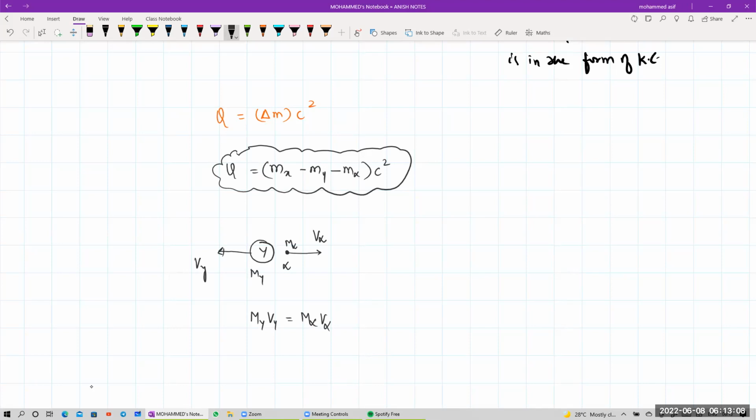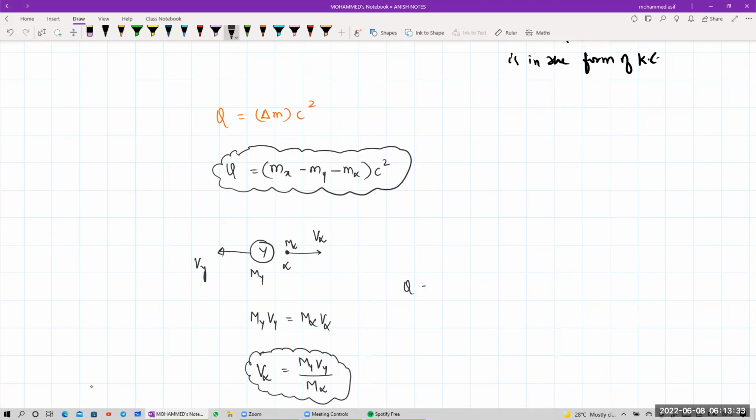From this one, I can calculate the velocity of the alpha particle, which will be equal to the mass of the daughter nucleus times the velocity of the daughter nucleus, divided by the mass of the alpha particle. If it is asking for the velocity of the alpha particle or the particle which has been liberated, you can directly use this formula. Now, what is the kinetic energy?